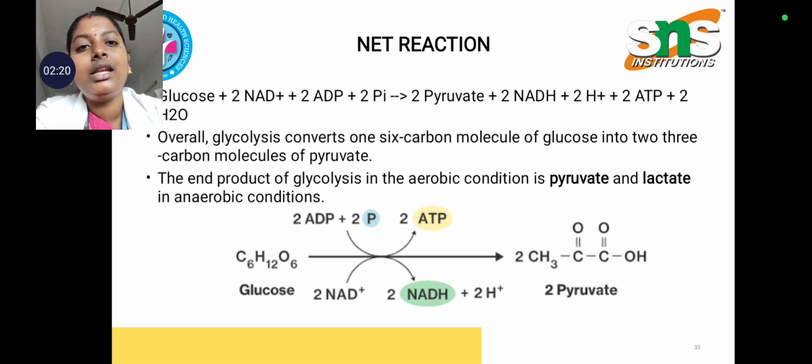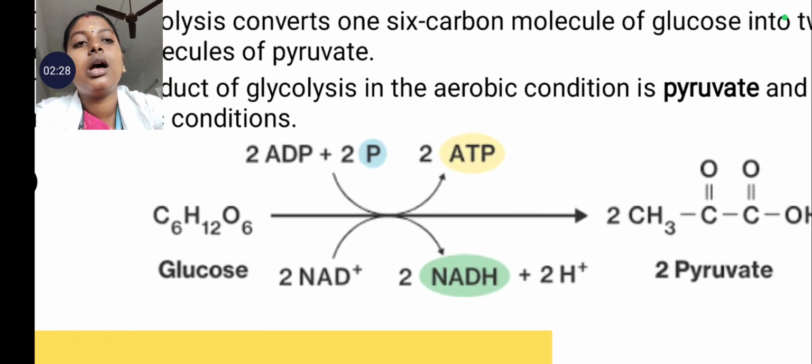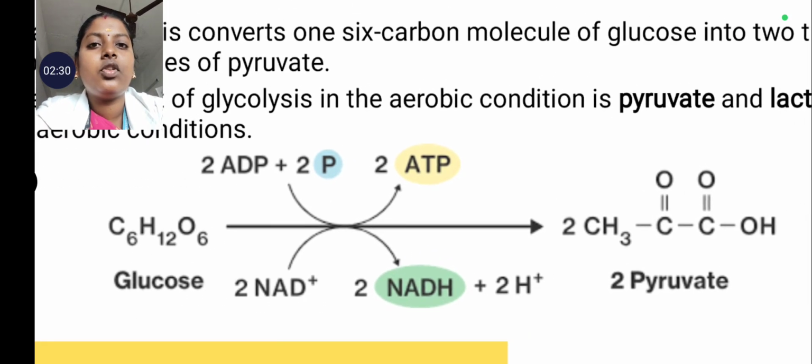So we have seen here that the end product of glycolysis in aerobic condition is pyruvate, and lactate in anaerobic condition. So you have seen the reactions. Coming to the glucose formula, it is C6H12O6, and this is converted into 2 CH3 COCOOH. So C6 is converted into C3 of 2 molecules.